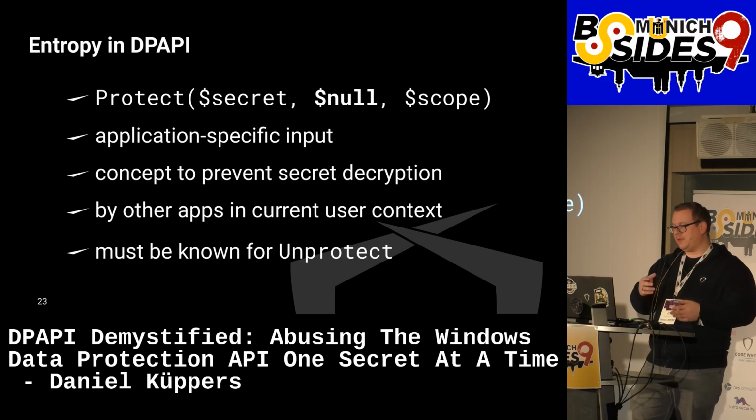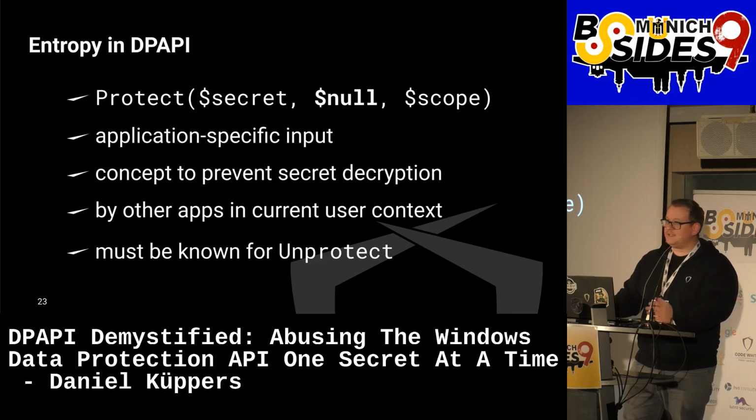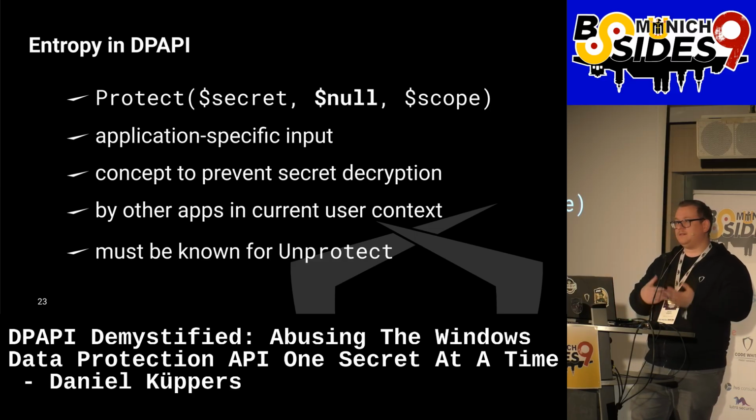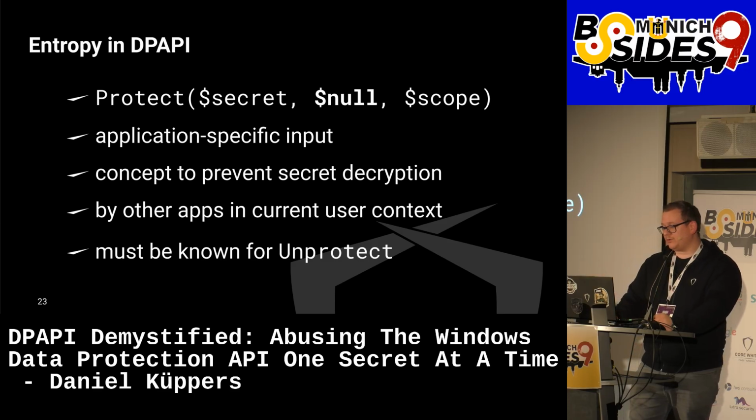For example, the popular automation software Chocolatey comes with the entropy key Chocolatey. So it's not that hard to get the information what the entropy is as an attacker, but it is some light barrier. And it is, of course, crucial for the decryption process.